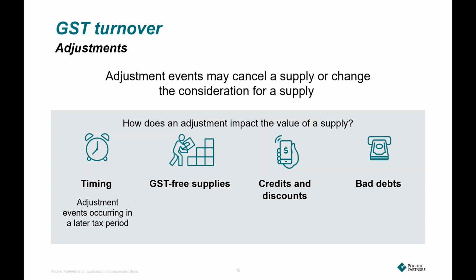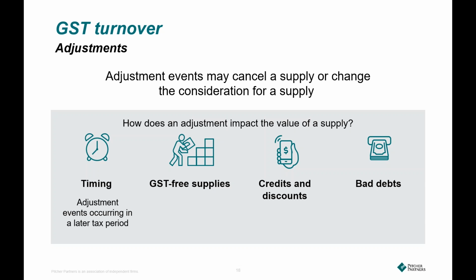But the bad debt adjustment rules do not tie into the value of the supply. By writing off a bad debt, you don't actually decrease the value of the original supply that's been made. If the debt was for $110 including GST and you write that debt off, the value of the original supply is still $110 including GST.